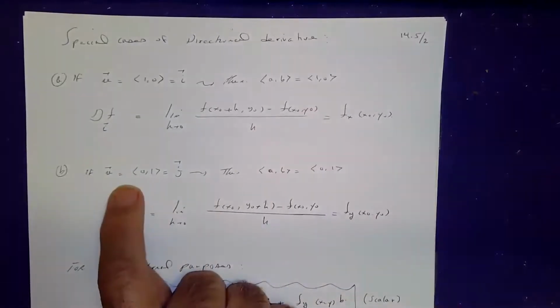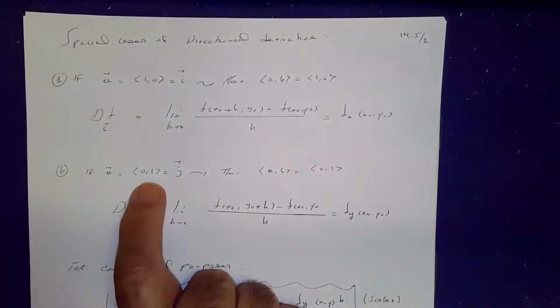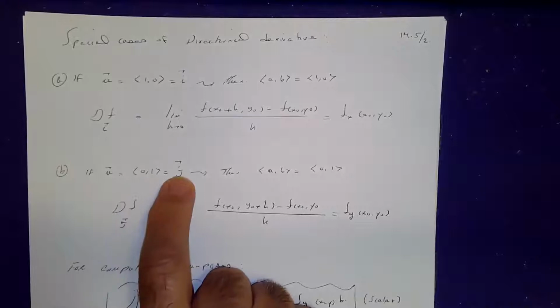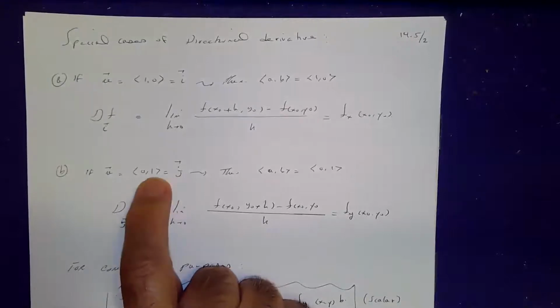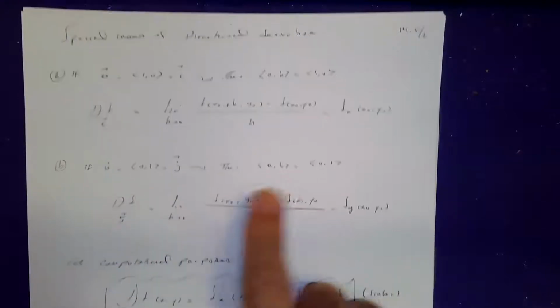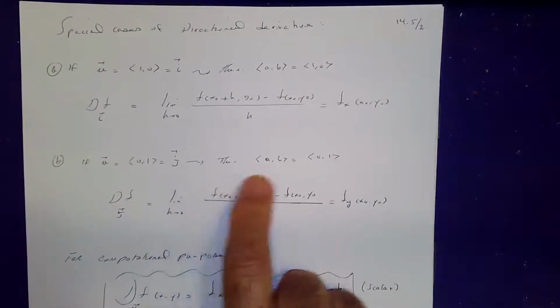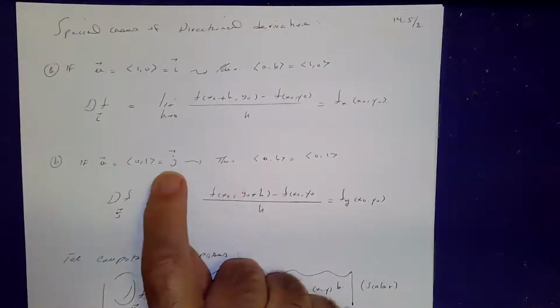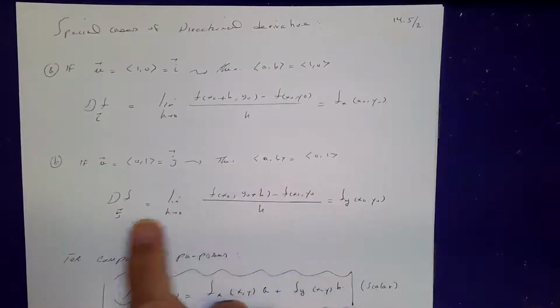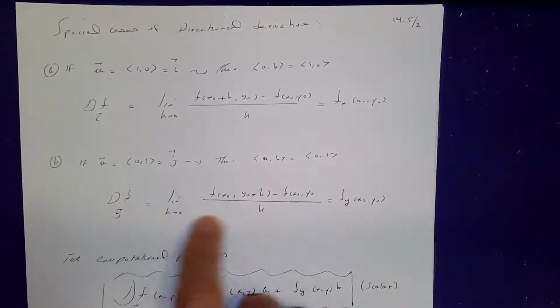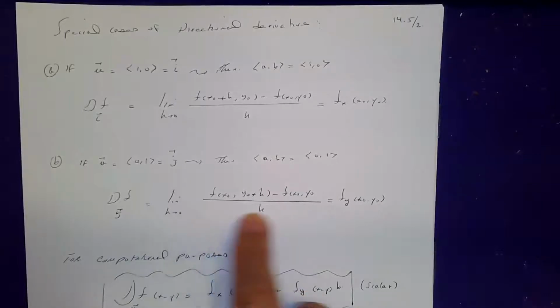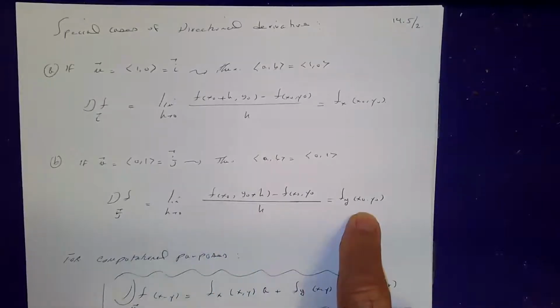On the other hand, if you choose j, which is a unit vector in the y direction, and substitute 0 for a and 1 for b in the definition of the directional derivative, you get the partial derivative of f with respect to y.